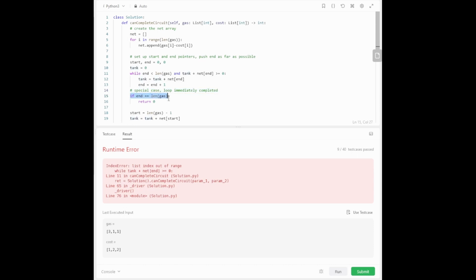And then we check if end equals length of gas. But what accidentally happened here is we were pushing end forward and it left the bounds of the list. And we just kept pushing it without a safety to break us out of here and get to this check. So now we've just added this while end is less than the length of gas to ensure that we never have that condition come up again.